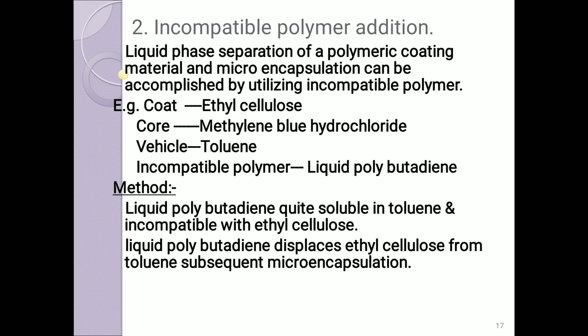So the ethyl cellulose wants to come out of the system. Here the more soluble polymer displaces the ethyl cellulose, and the ethyl cellulose comes out of the toluene by coating on the core.